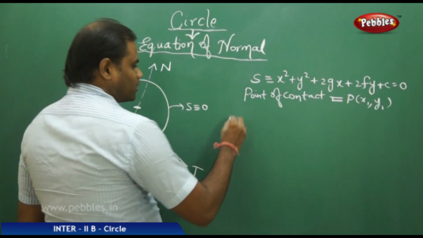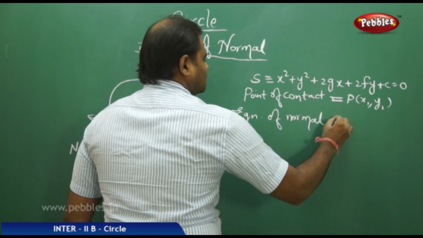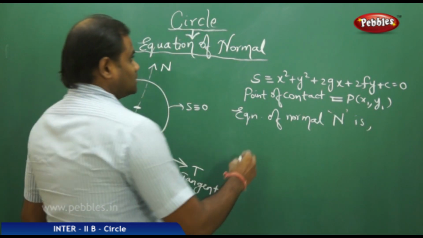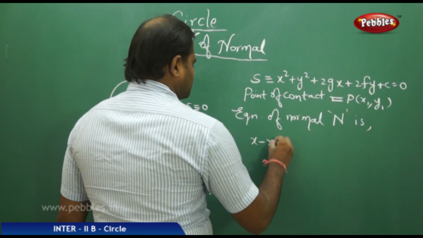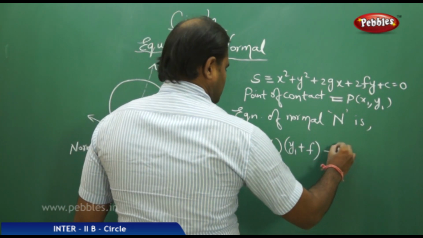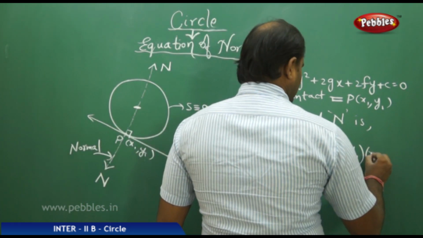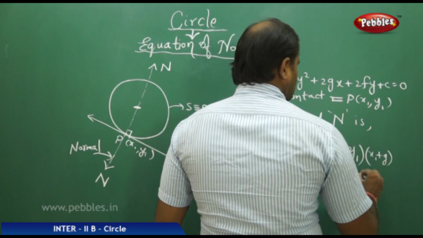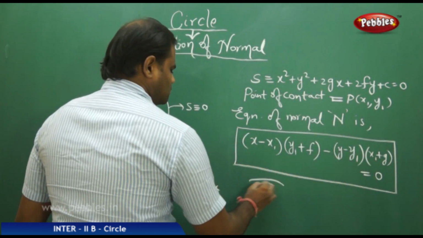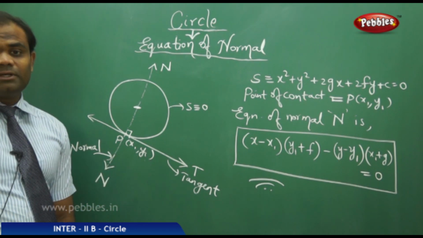For this point of contact, my equation of normal N is given by the formula (x minus x1) into (y1 plus f) minus (y minus y1) into (x1 plus g) equals 0. This is the equation of normal at the point of contact P(x1, y1).